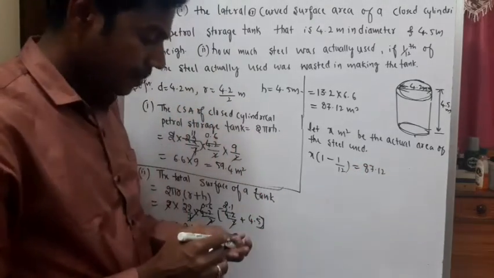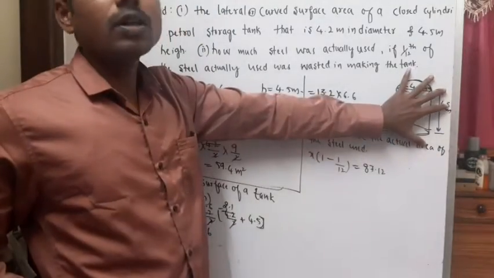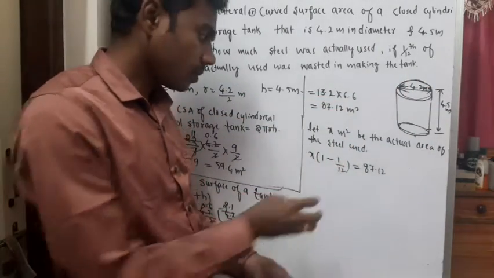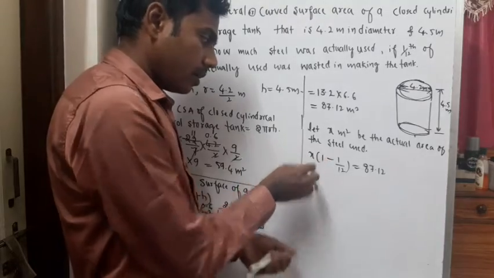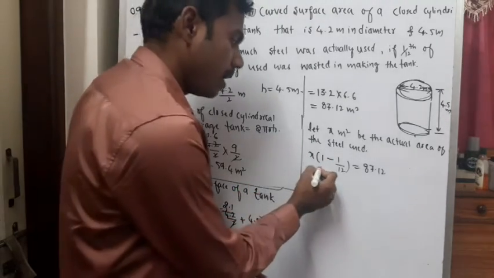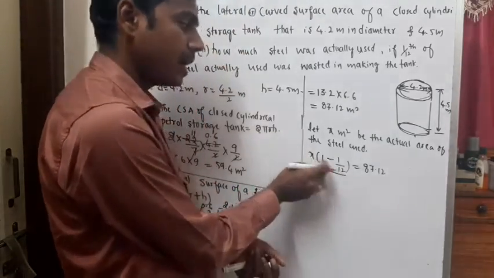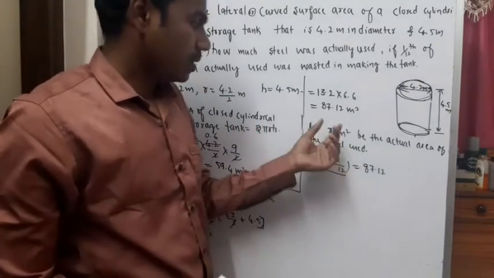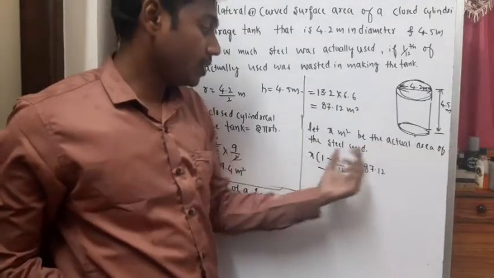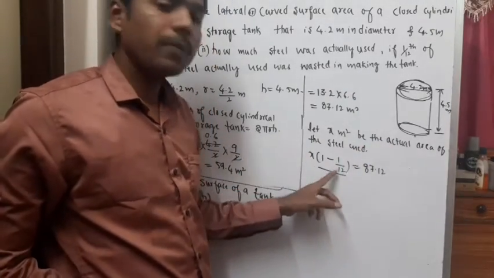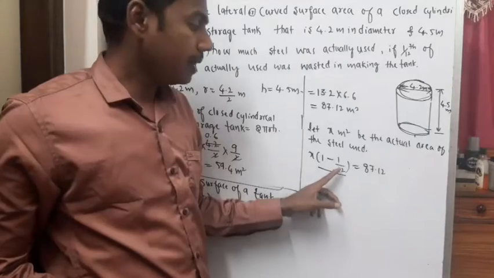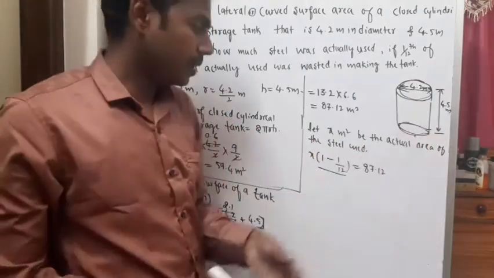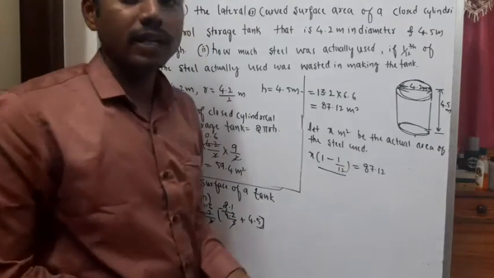Why? Because this is the total surface area. If from the actual metal you remove 1/12, you will get the total surface area. This was the actual metal supposed to be used, but 1/12 is wasted, and then we get this particular tank. That is the reason we arrived at this equation.